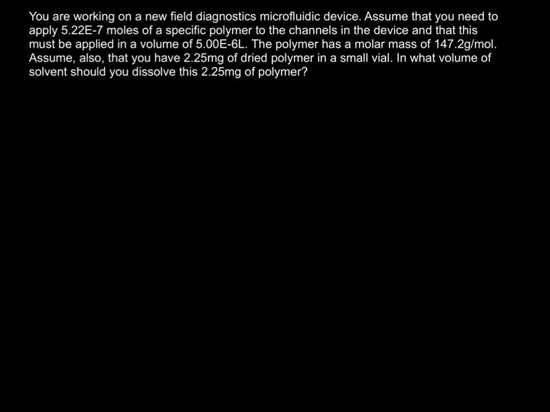Now that we've solved the problem through one method, there is a second method that uses more of a mathematical equation type structure. We start off with the fact that the concentration of the polymer solution in the device is equal to the concentration of the polymer solution in the vial.